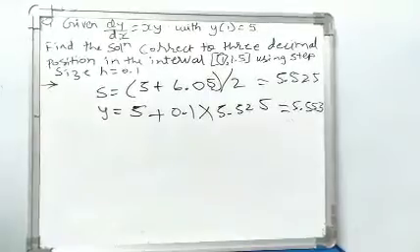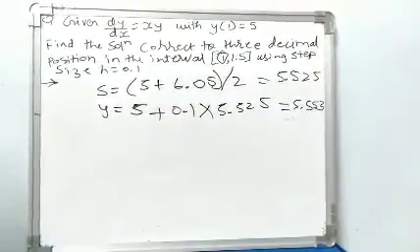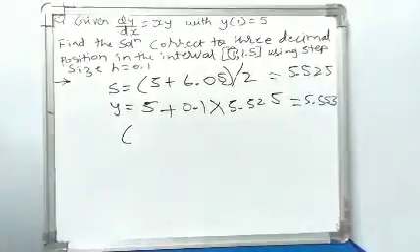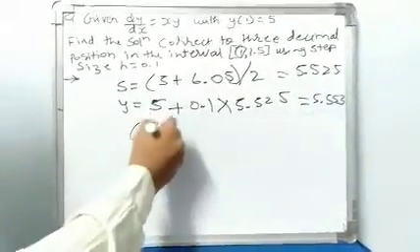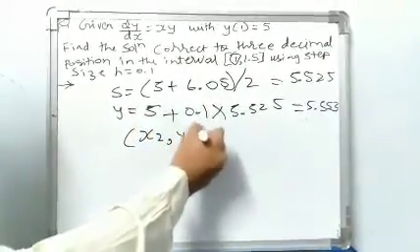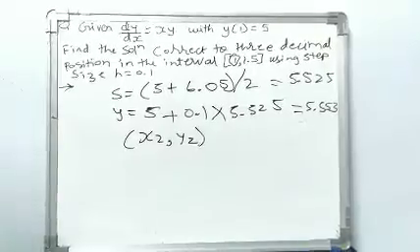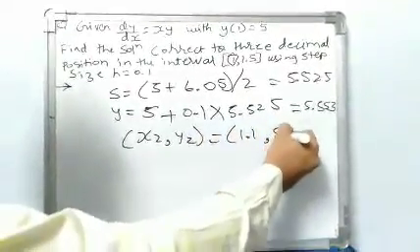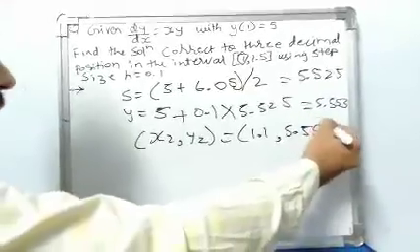Now the second solution point is obtained as x2 comma y2, which is 1.1 comma 5.553.